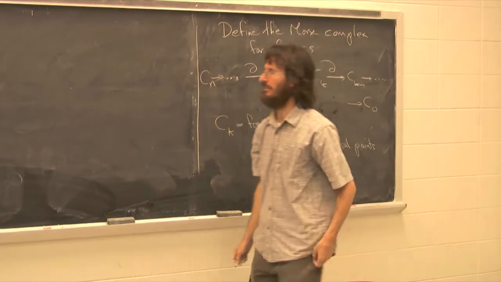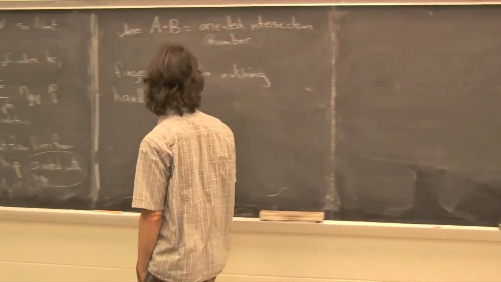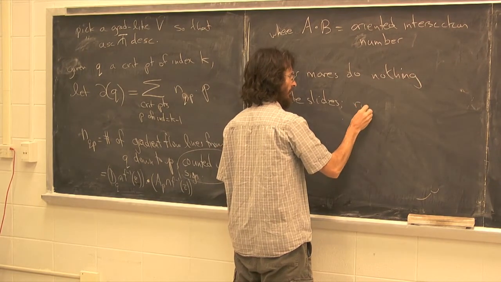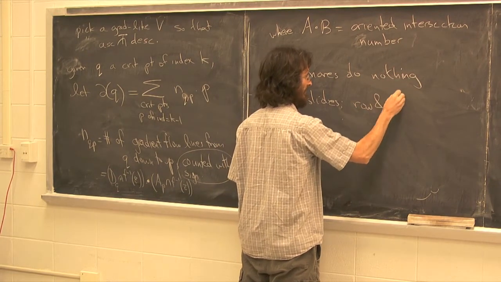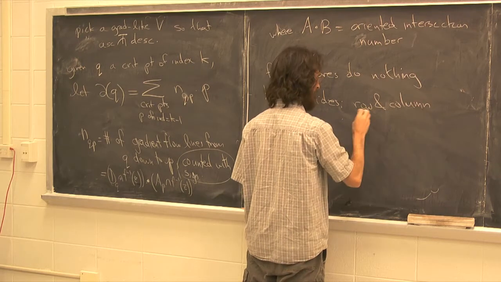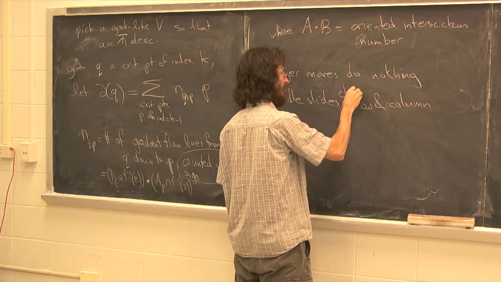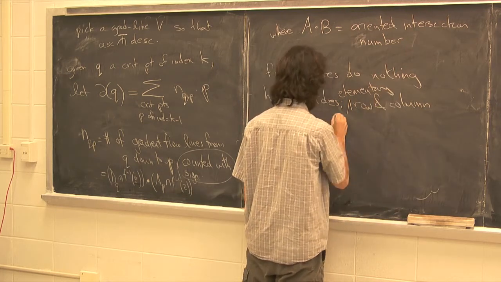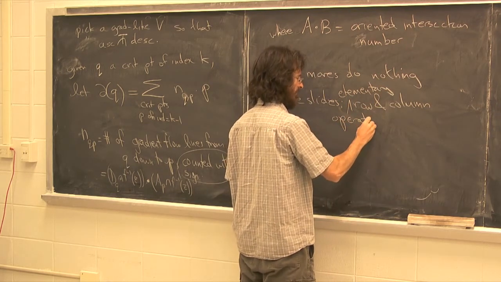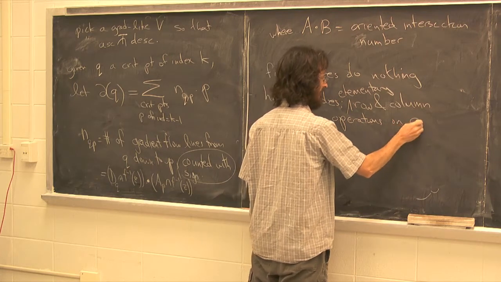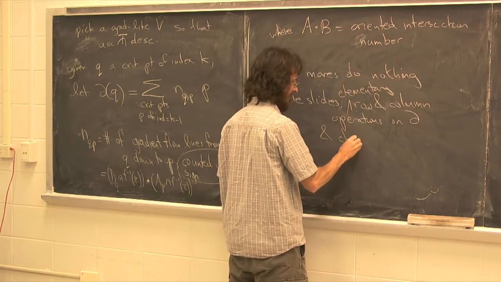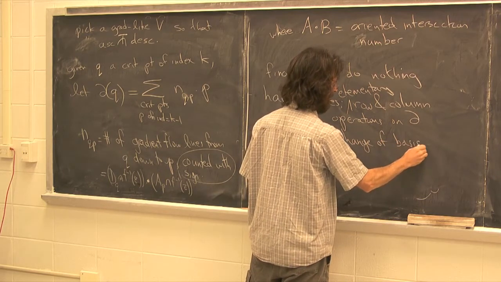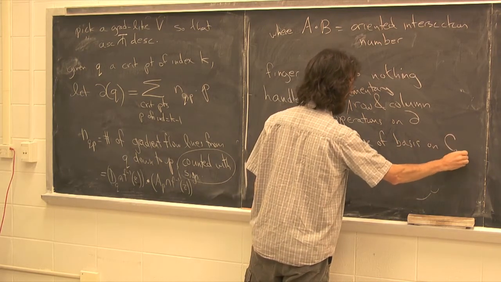We'll figure that out a little more carefully in due time, but I claim that they are elementary row and column operations. Boundary maps and change of basis.